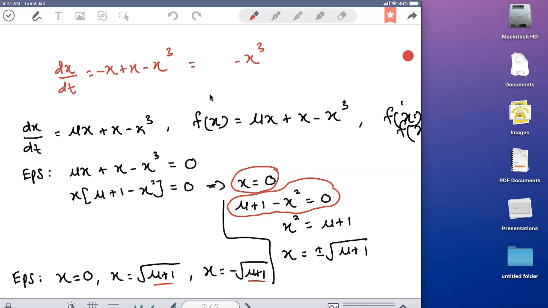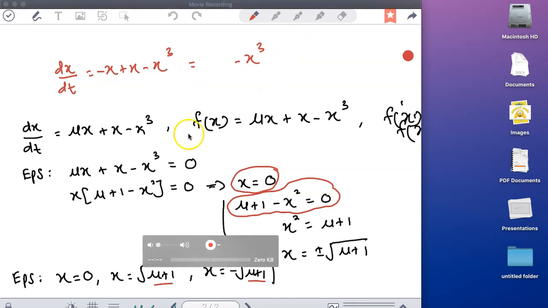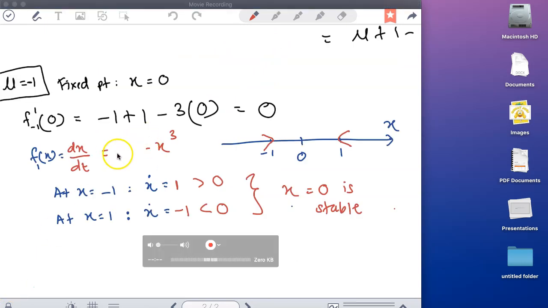So now we have to provide the phase line, where this is the function of x in terms of x, so you got -x cubed. This is your function after you replace mu equal to -1, and then we look at the phase line. So the fixed point is at x equal to 0. Now we look at the value of x dot for some specific values of x. So I choose -1 and also +1.